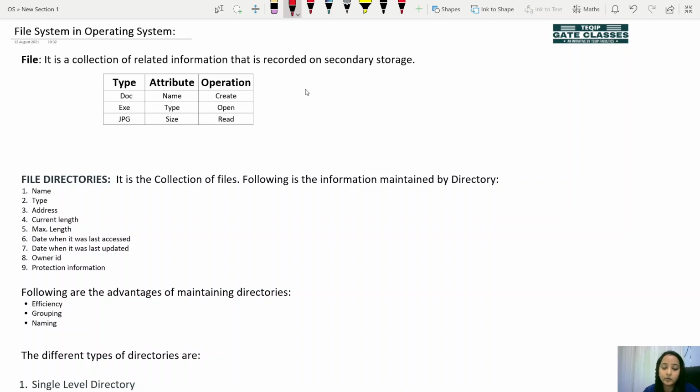And there can be different types of operations: you can search a file, create a file, delete a file. There may be different operations associated with the file.